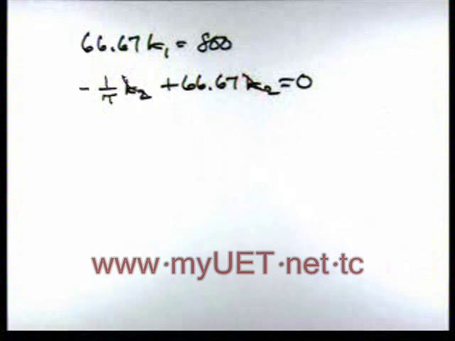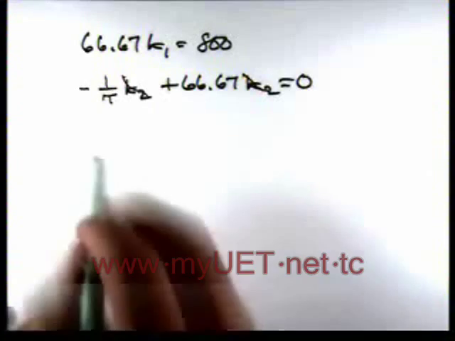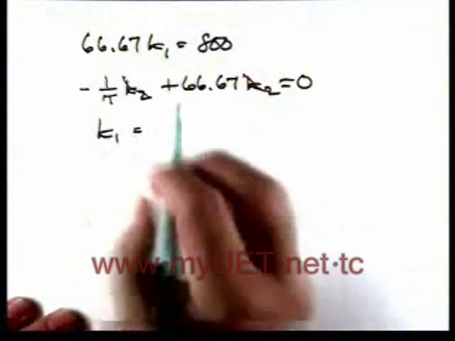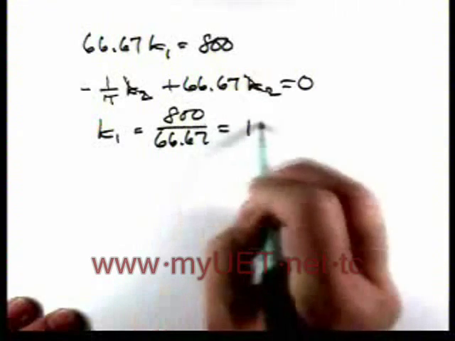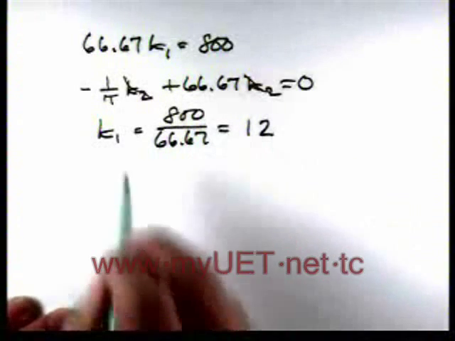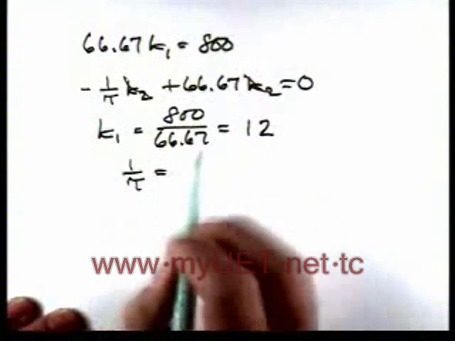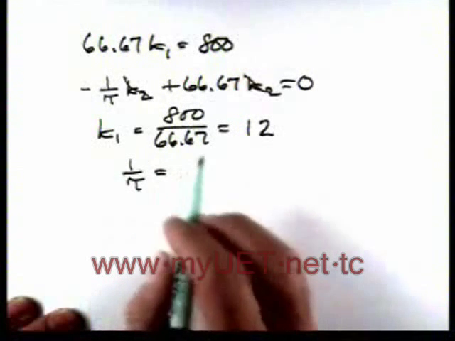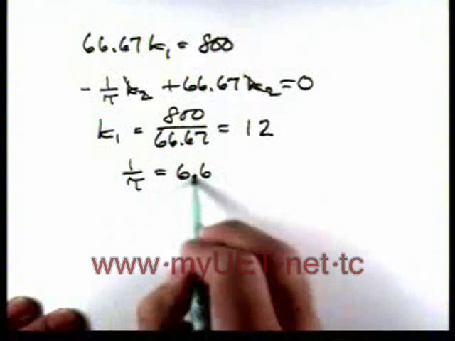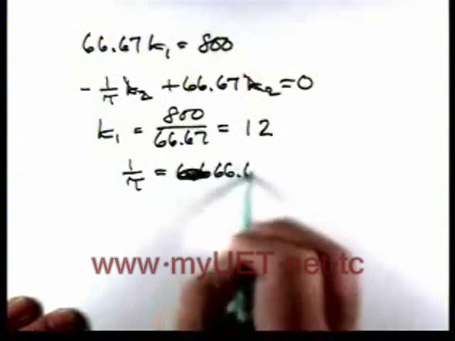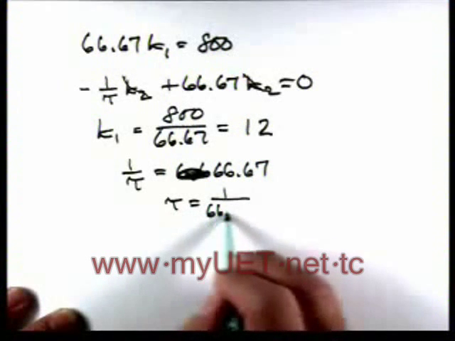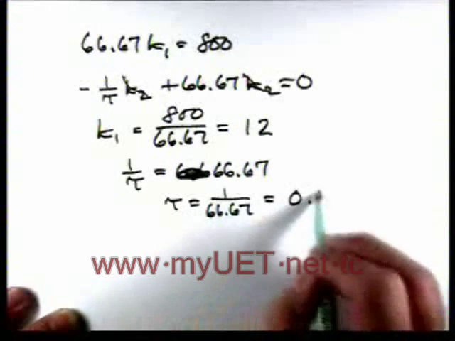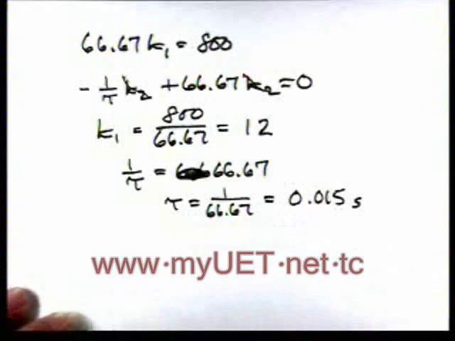If we solve for our values here, K1 is 800 divided by 66.67, which is 12. And we notice that 1 over tau is 66.67. So then tau is 1 over 66.67, or 0.015 seconds.